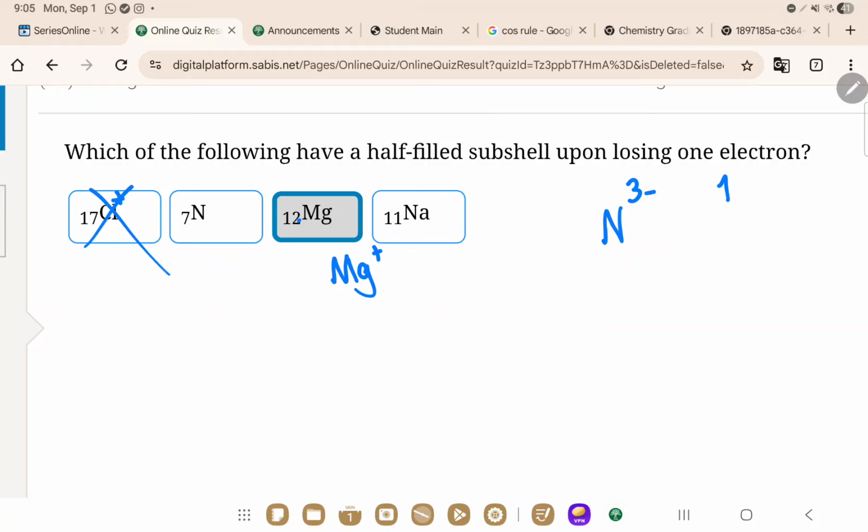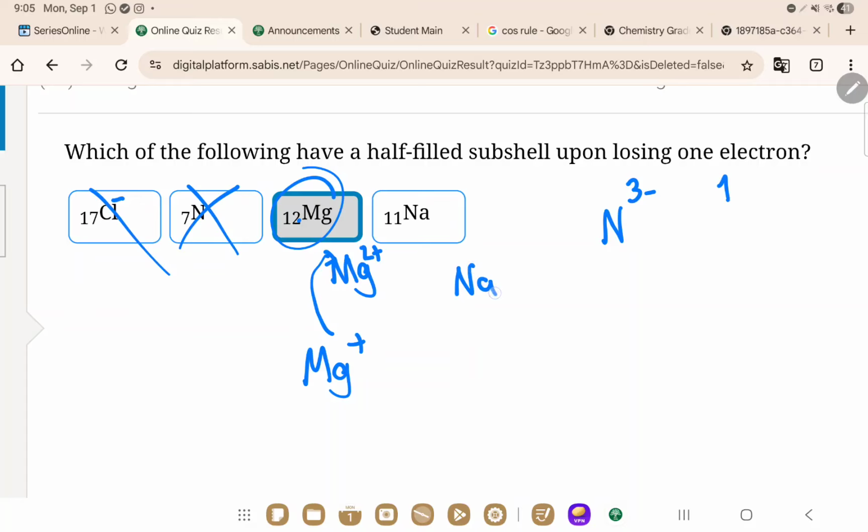You can't have Cl plus, you can't have N1 plus. These are gases, they can't have a plus. But here, when you have Mg, it's Mg2 plus. If it loses 1 electron, it becomes Mg plus. Is that half of what it's supposed to have? Is 1 half of 2? Yes. So this one has a half-filled subshell.